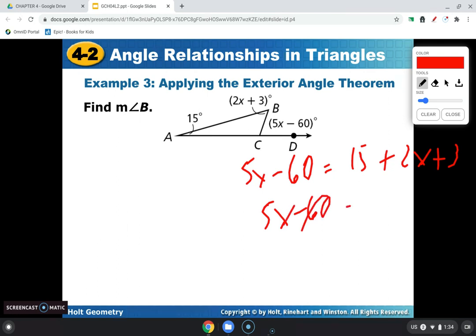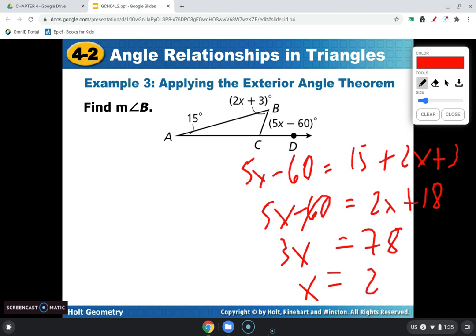So 5x minus 60 equals 2x plus 18. Subtract 2x, add 60. So x equals 78 divided by 3 is 26. But it asked us to find angle B, so I got to take 26 times 2 plus 3, 55 degrees.